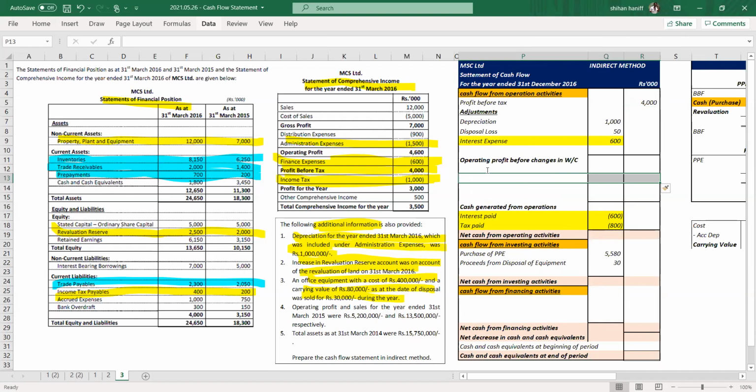So what happened to the inventories? Inventories increased. Increase in inventories.